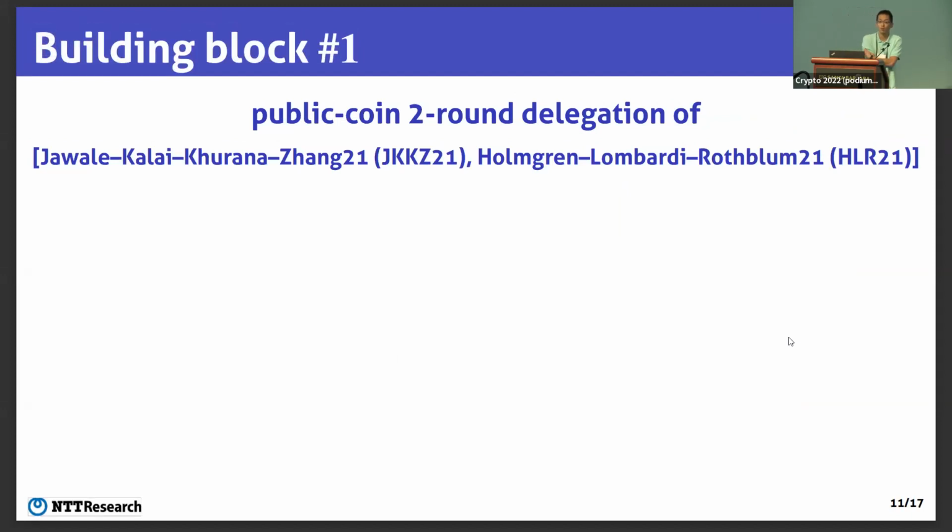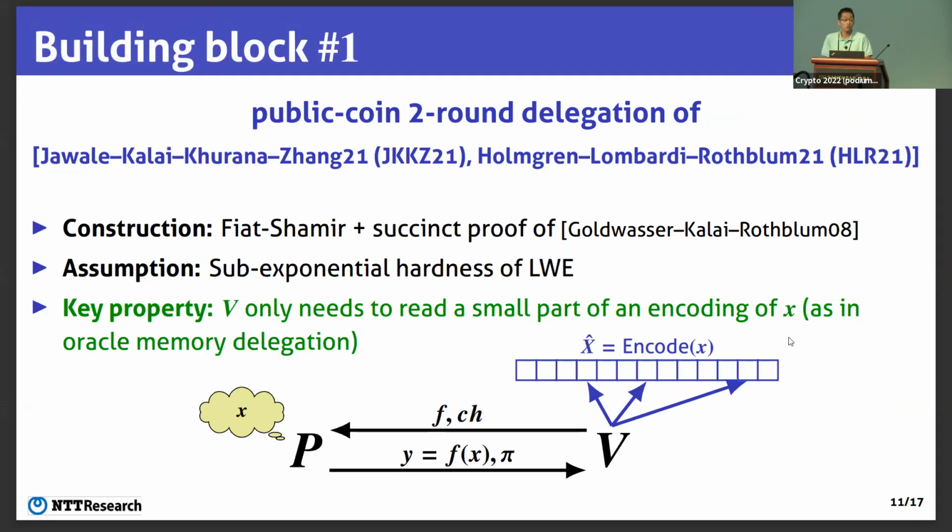The first building block that we use is the public point 2-round delegation of Jawale, Kalai, Khurana, and Zhang, or JKKZ, or Holmgren, Lombardi, and Rothblum, or HLR. The delegation scheme is obtained by applying the Fiat-Shamir transformation to the succinct interactive proof of Goldwasser, Kalai, and Rothblum. The soundness of the scheme is based on the sub-exponential hardness of the learning with errors assumption. An important property of the scheme is that it has basically the same syntax as Oracle memory delegation.